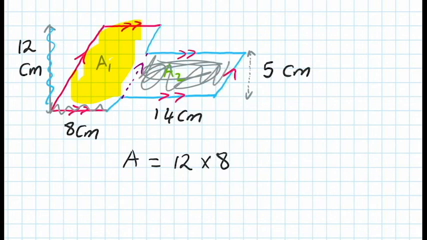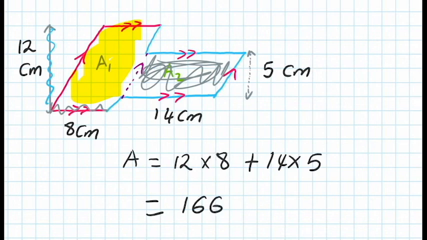This area is 14 times 5. You see? So as easy as that. If you just type that in your calculator, you should get 166 centimeters squared. Okay, so it's very simple.